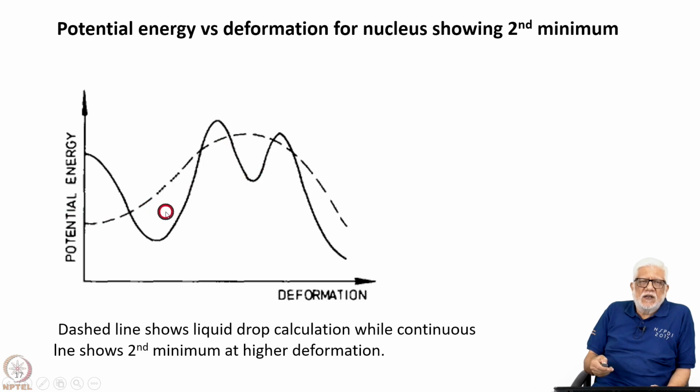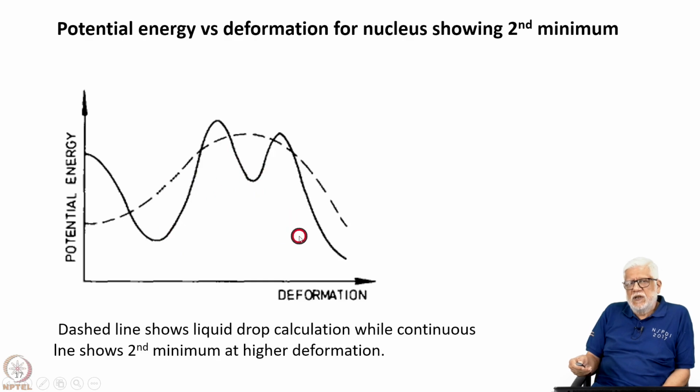However, it turns out that if you take into account these quantal effects, which are because of these single particle levels, in particular the shell effect at these deformations, this is too simplistic, and a better calculation actually shows that you can have a deformed minimum, but you can also have a super deformed minimum, albeit at a higher excitation energy.